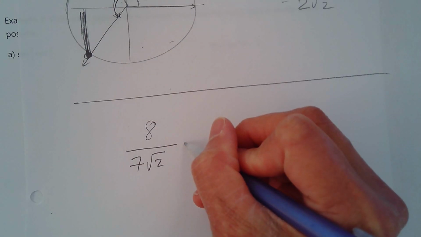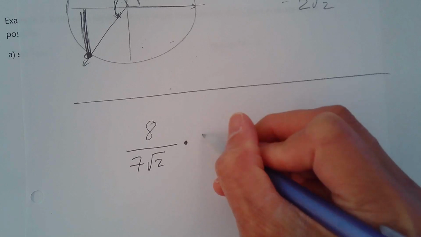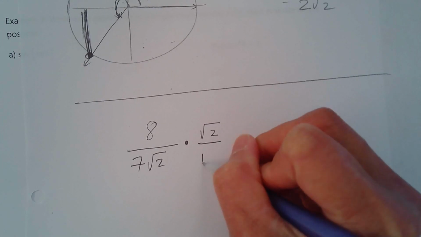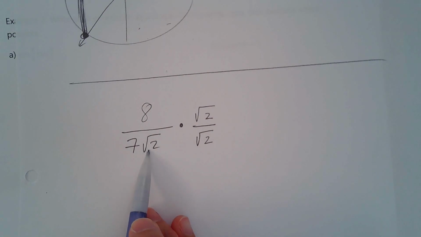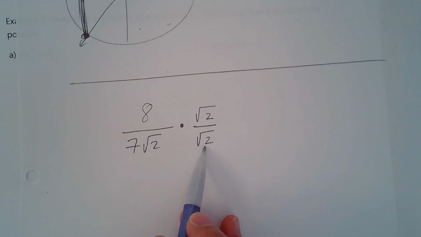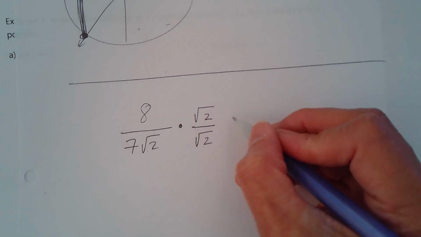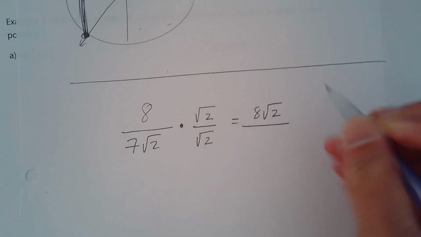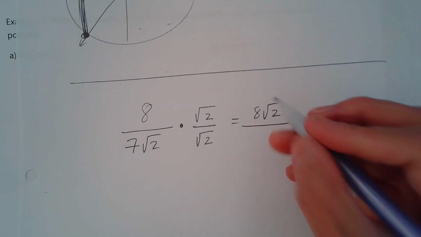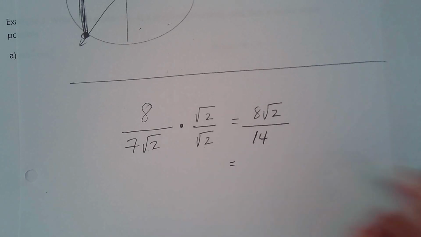Yeah, so what we're going to do is multiply by root of 2 over root of 2. Because if we multiply the root of 2 by root of 2, that will give us root of 4, which is 2. So this is going to be just 8 root of 2 over 7 times 2, which is 14.